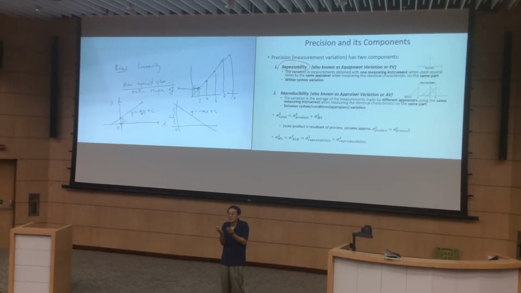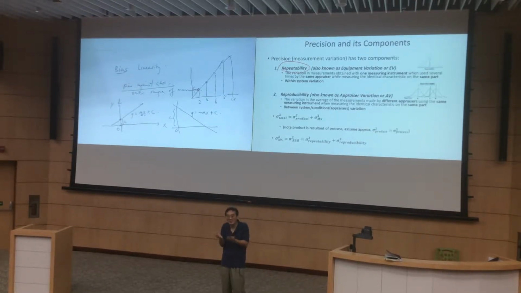That variation is due to human. Human has a bigger element inside there, in that sense. So that's called reproducibility. These are the two terms that we mentioned in our chart earlier. That's what we are trying to understand, right?